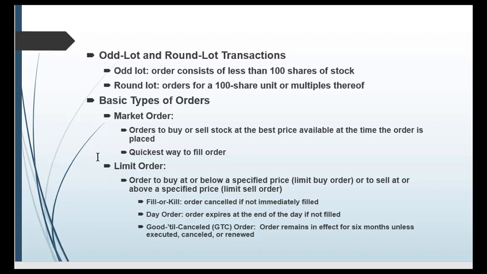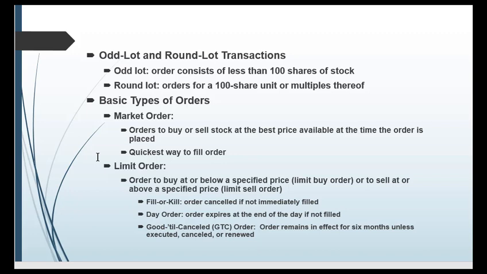Now, there are 2 basic kinds of orders. You can make what's referred to as a market order or a limit order. A market order either buys or sells at the best price right now. So it's the quickest way to fill an order. Now, there will be times where we'll want to be more specific about when a trade occurs.